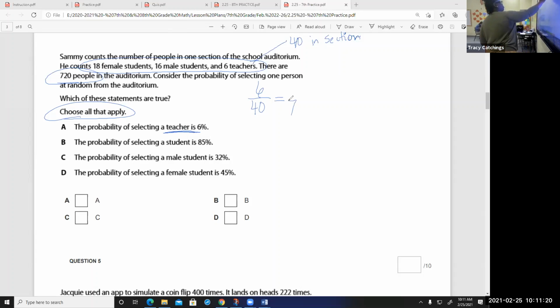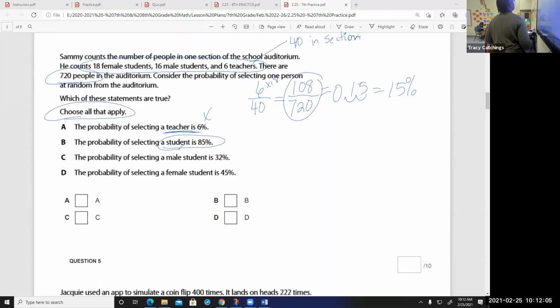Then we make that equivalent with 720, so now divide that out. 6 times what? 18. 108 over 720. Shift 2 times, 15%. Is that what they told us? No. All right, let's try the next one.